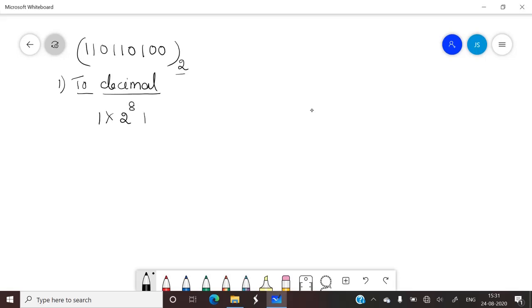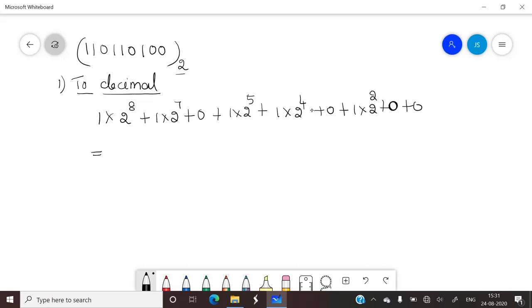2 power 8 plus 1 into 2 power 7 plus 0 plus 1 into 2 power 5 plus 1 into 2 power 4 plus 0 plus 1 into 2 power 2 plus 0 plus 0.